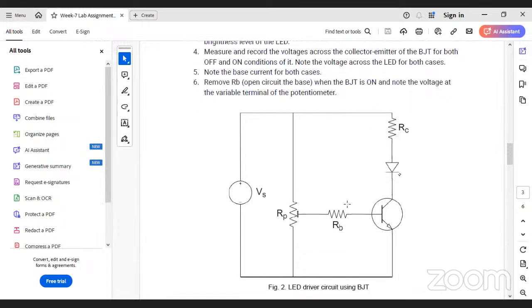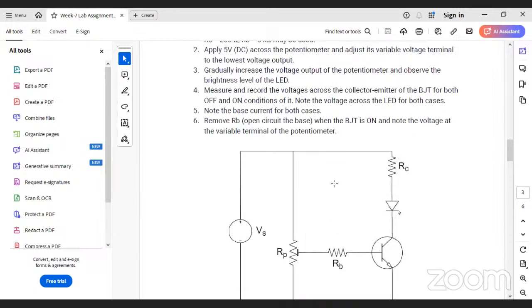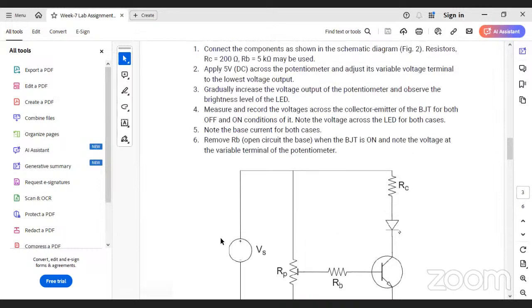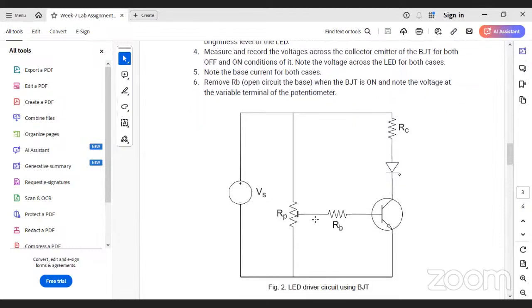After that, we apply 5 volt. This Vs should be 5 volt, connected across the potentiometer. Then you will vary the potentiometer such that the output across RB and the ground is zero.